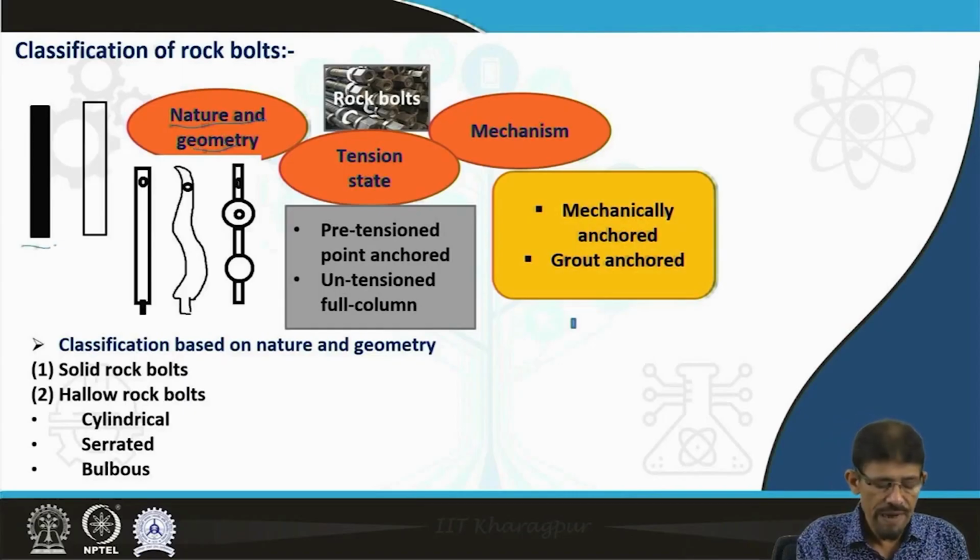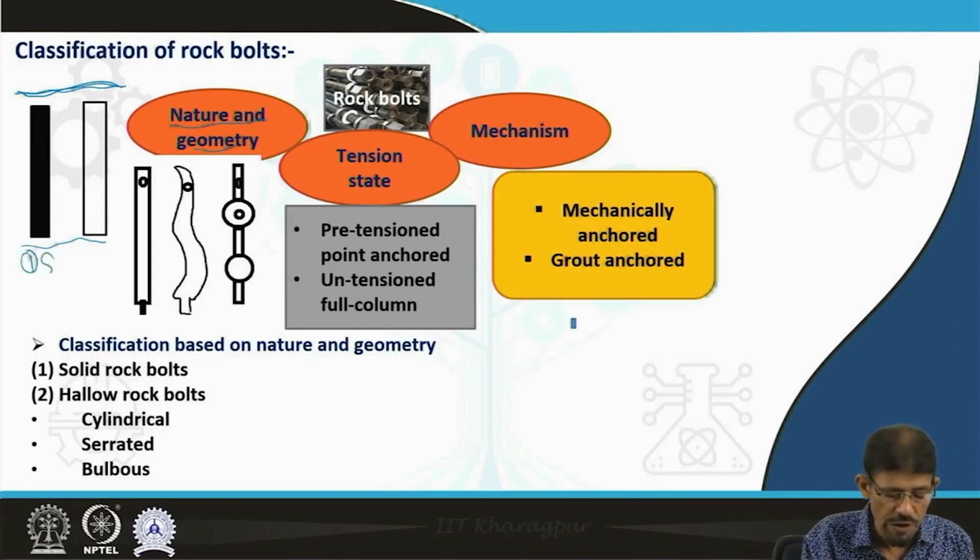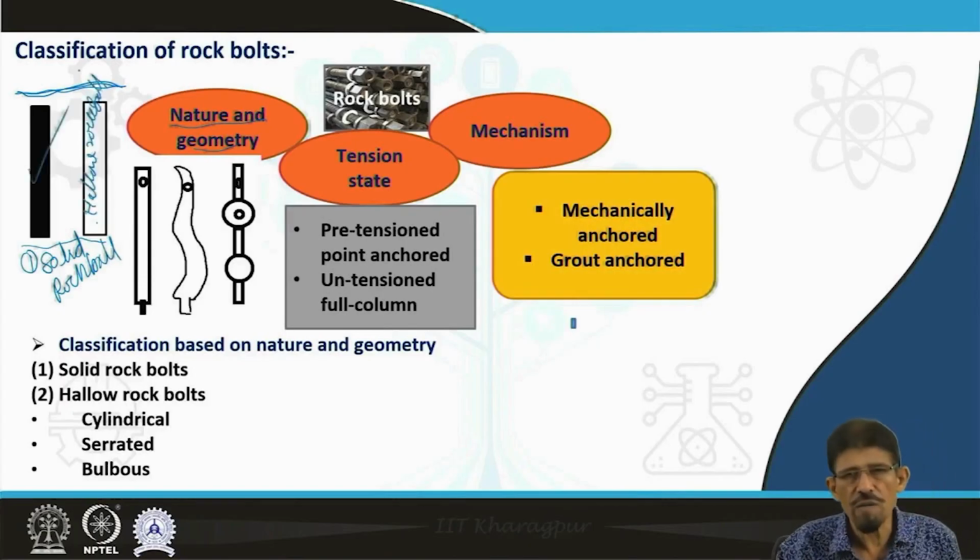Previously, we discussed the insertion method following the geometry of the bolt hole. Broadly, rock bolts can be divided in two categories: first is solid rock bolts and second is hollow rock bolts.